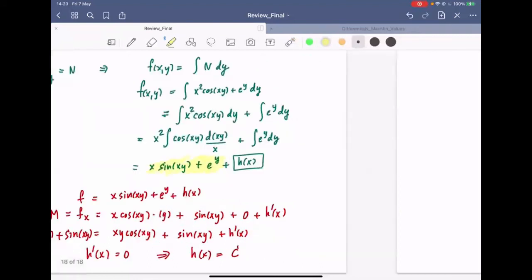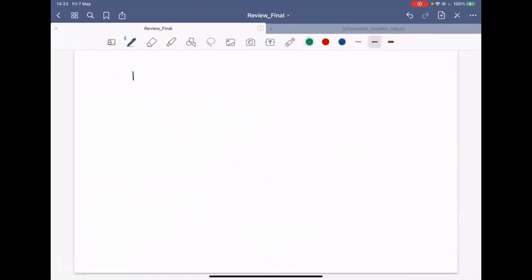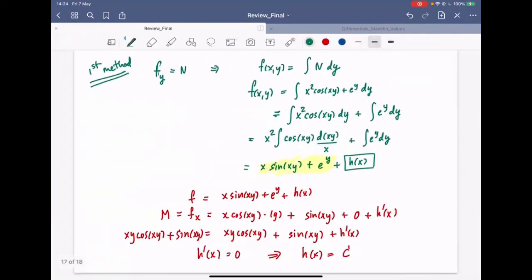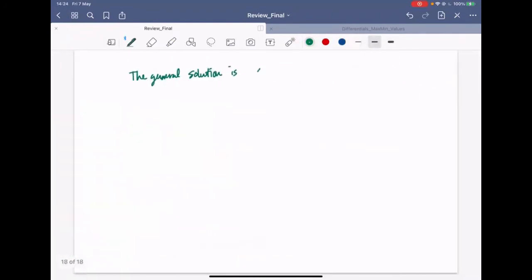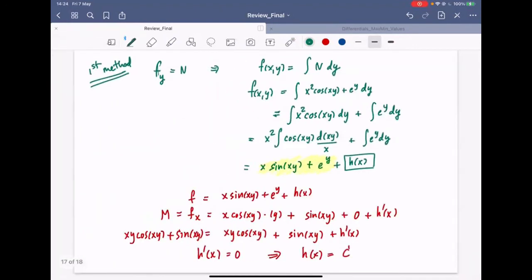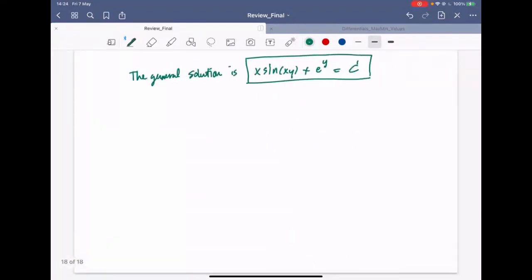And at the end, the general solution is x sine xy plus e to the y equal to c, some constant c. I think this is the easier way. Okay, this is the answer.